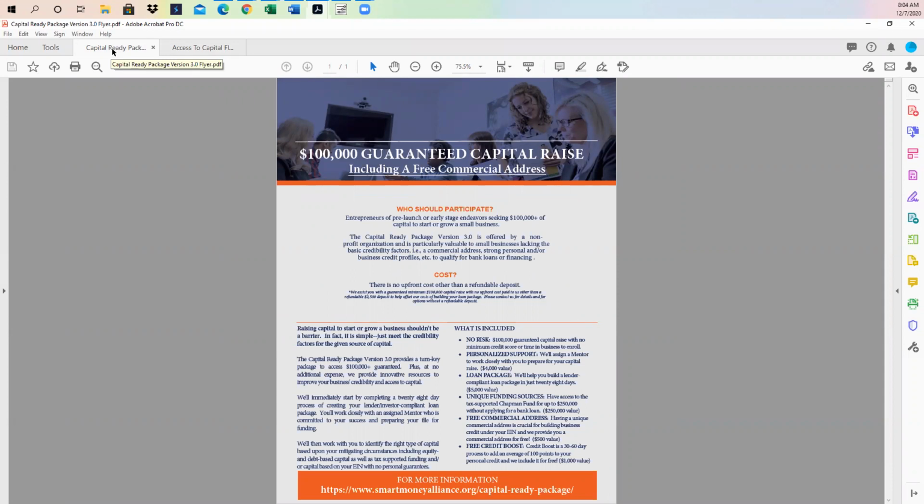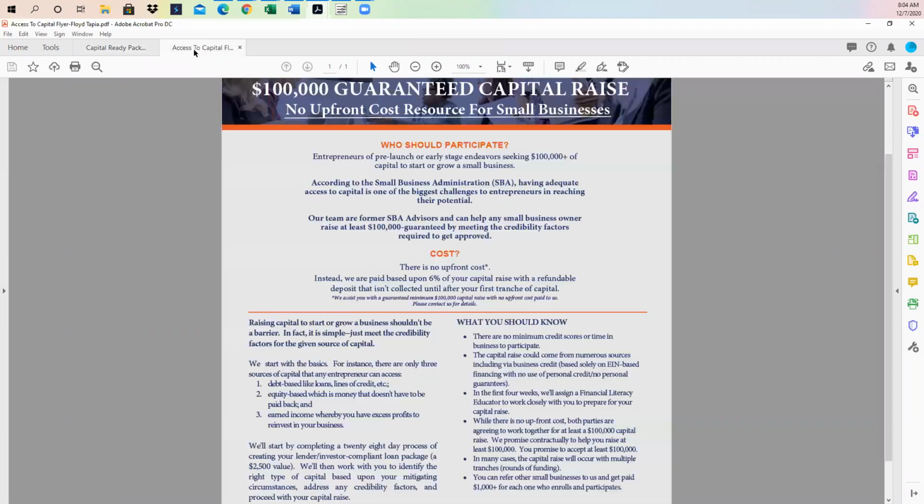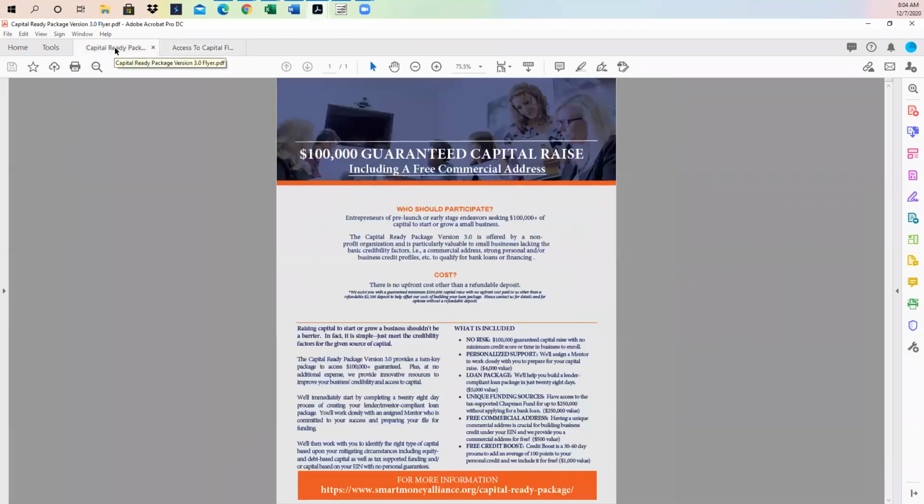Because you're depositing $2,500 into your business bank statement. That looks good, and you've got a 50% profit margin. In other words, you're keeping $1,250. You have that immediately versus waiting for the client to have their first capital raise to generate revenue off of the deposit. So the first benefit of the Capital Ready Package is you get paid immediately.